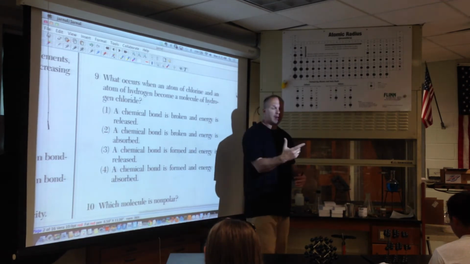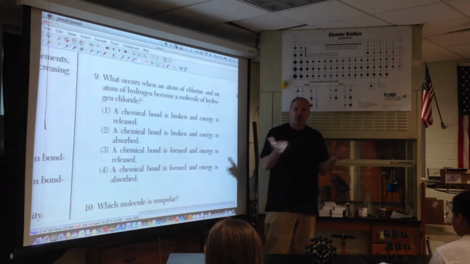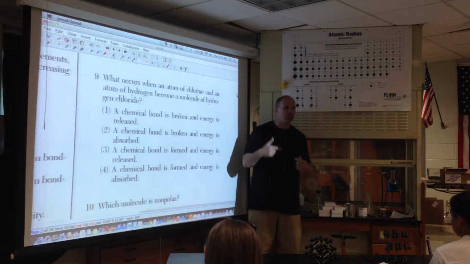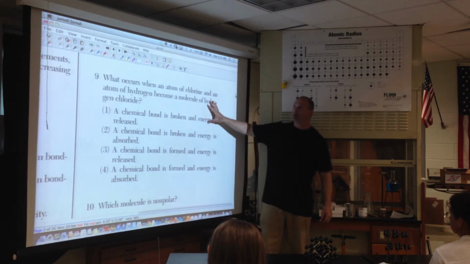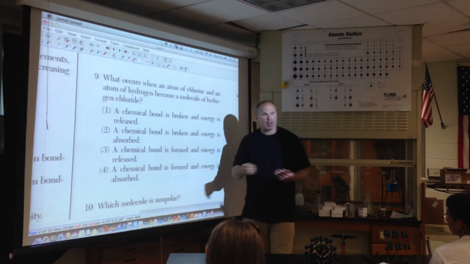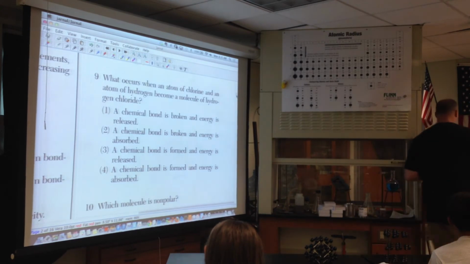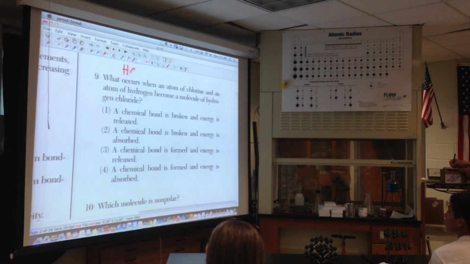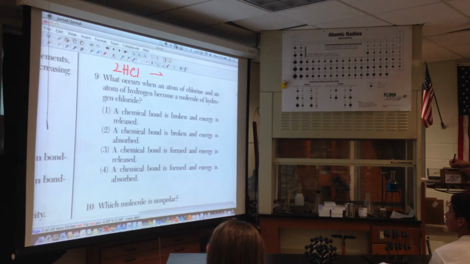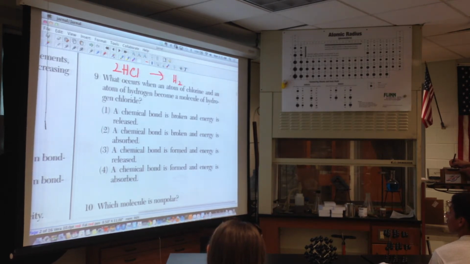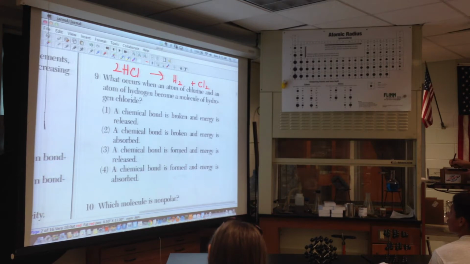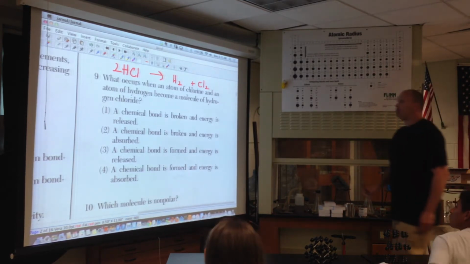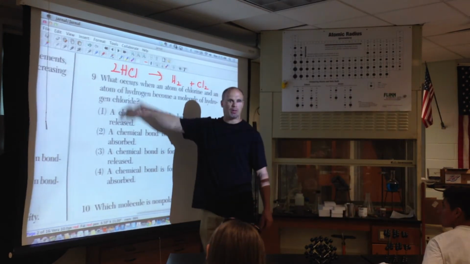If you forget that, doesn't it take energy to break something? So you go in the reverse, and they love to ask the reverse. If I take hydrochloric acid and I break it apart, they can write this question. I've seen it written so many different ways. If I have hydrochloric acid, 2 of them, and it becomes this, and sometimes they'll make it simpler, you would say bond is broken.